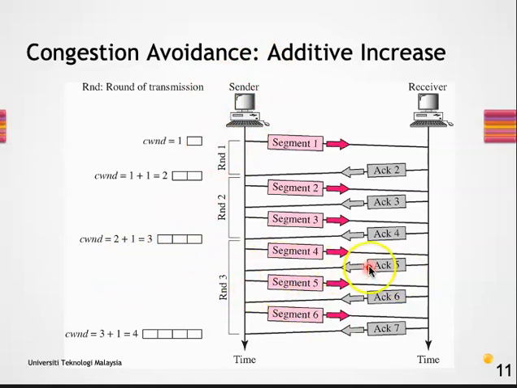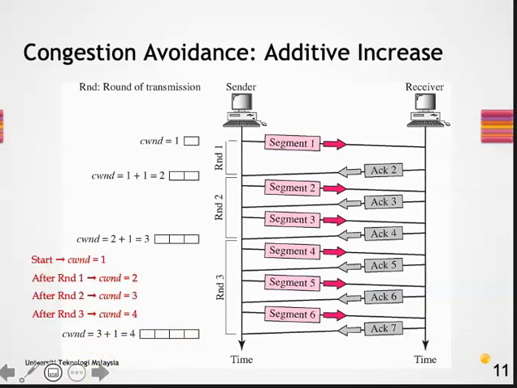So the sender will send 3 segments to the receiver, and the receiver will send 3 acknowledgement segments to the sender. Upon receiving the third segment at round 3, the CWND size will be increased by 1. So the new size now is 3 plus 1 equal to 4.